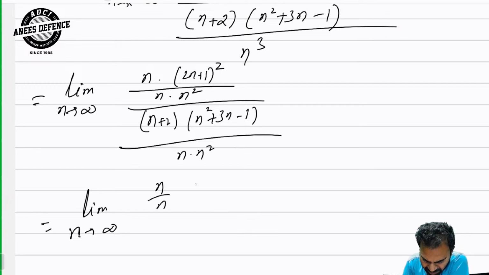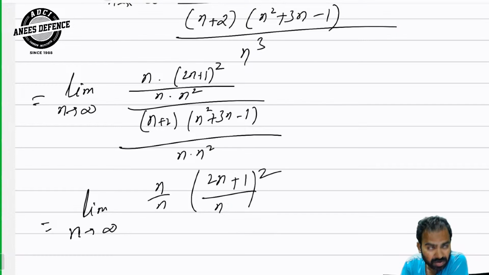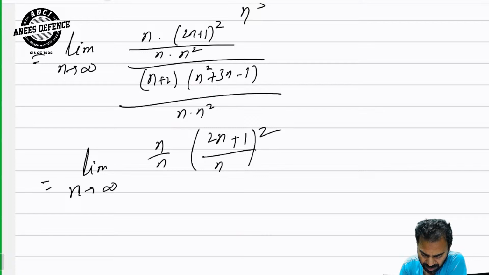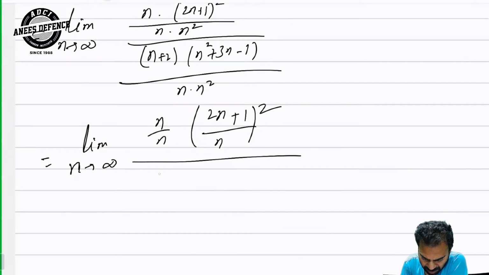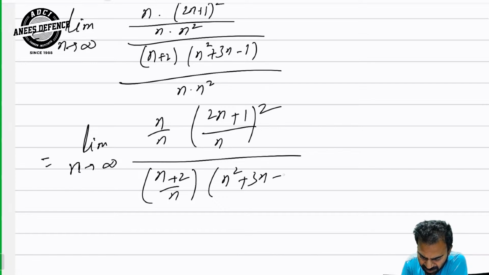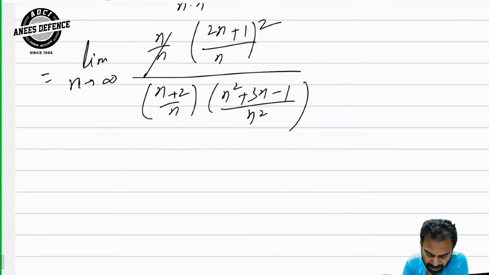Now n by n will be divided separately: (2n plus 1) upon n, the whole square; here (n plus 2) upon n; here (n square plus 3n minus 1) upon n square. Any problem? This will cancel out.